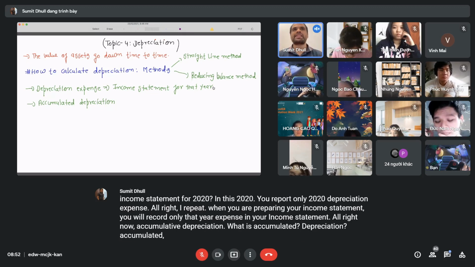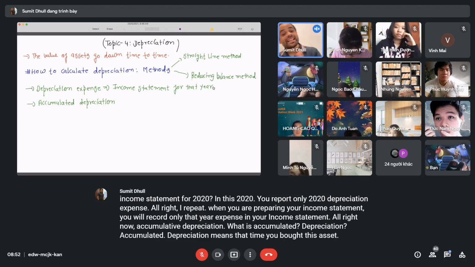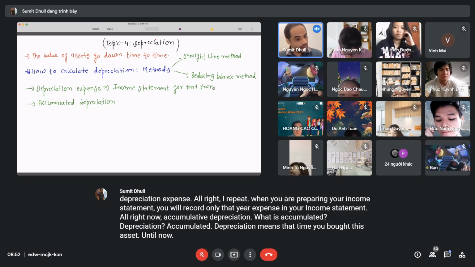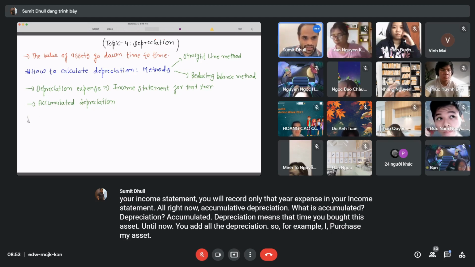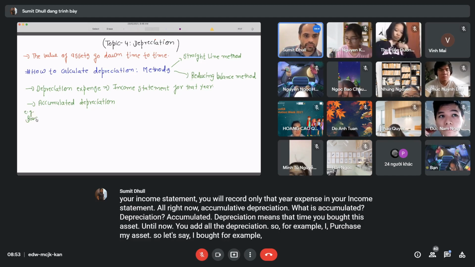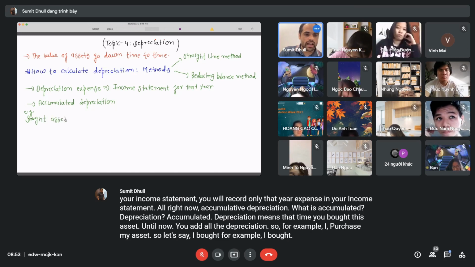Accumulated depreciation means from the time you bought this asset until now, you add all the depreciation. So for example, let's say I bought an asset in 2019.